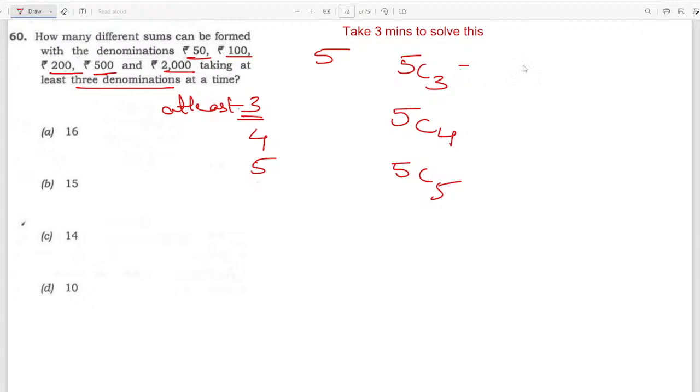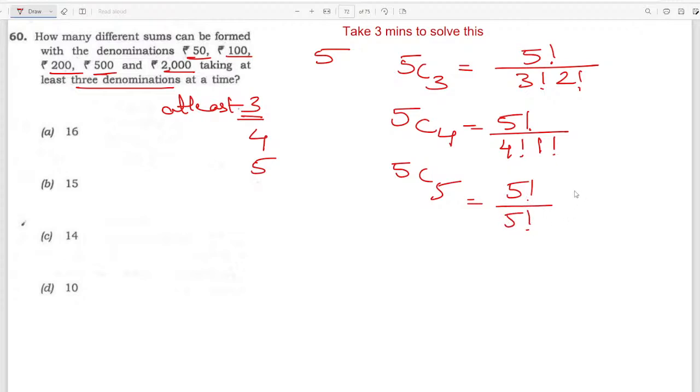Here, 5C3 would be 5 factorial divided by 3 factorial into 2 factorial. 5C4 is 5 factorial divided by 4 factorial into 1 factorial. 5C5 is 5 factorial divided by 5 factorial into 0 factorial. 0 factorial is 1.